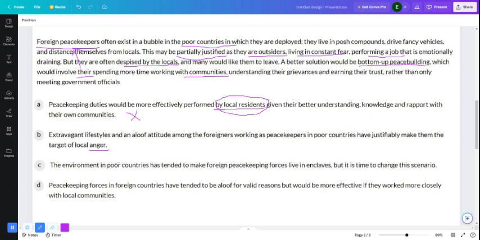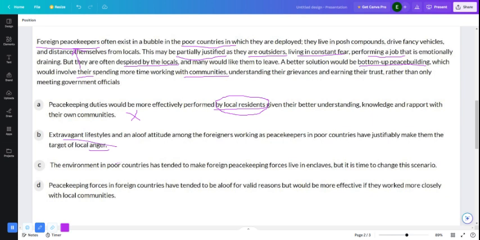Okay, so this is a kind of generalization, and we are moving away from the main idea of the passage, which is that the peacekeepers should work with the community so that they can understand their problems. Isn't that the central idea of the passage?